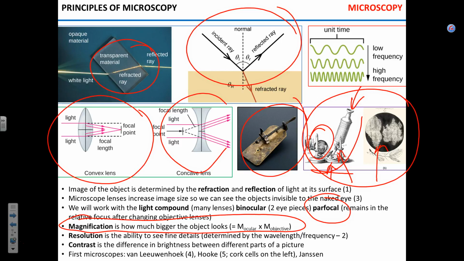I'm not really good at physics, so the maximum I can tell you, look at the wavelength here. So you see the frequency is low, wavelength is big. Does that make sense? Low frequency, big wavelength. High frequency, shorter wavelength. The shorter wavelength, the better the resolution capacity of the microscope.